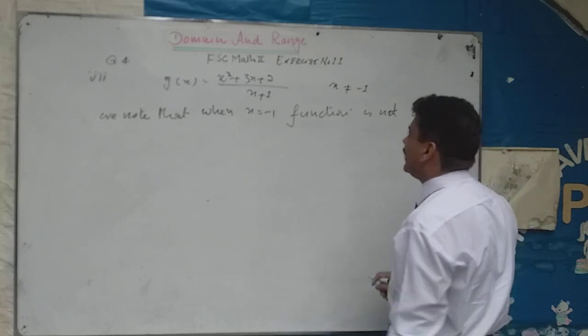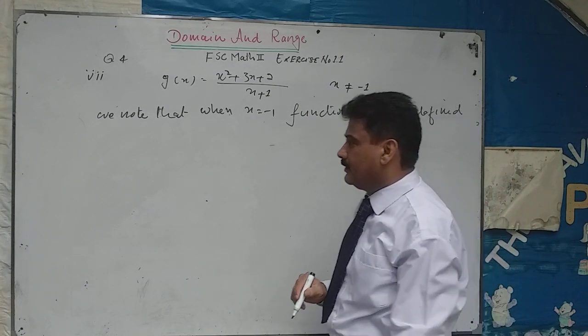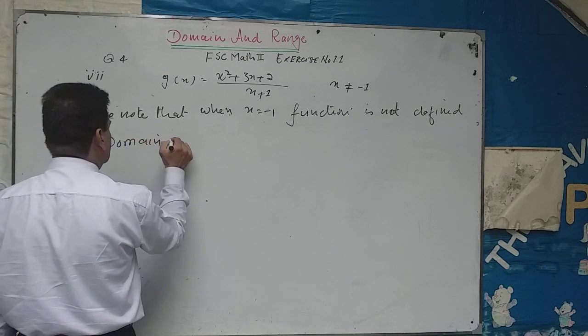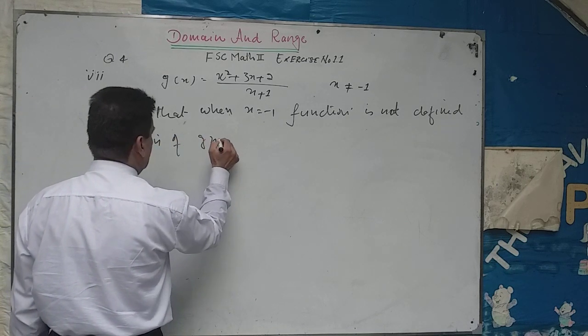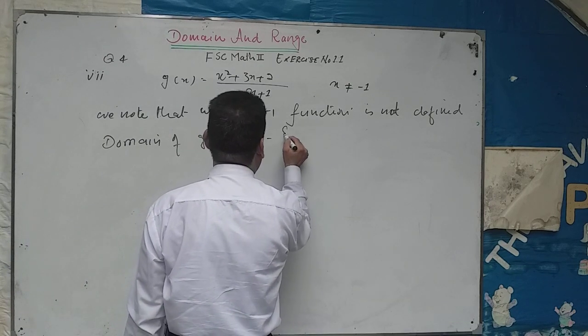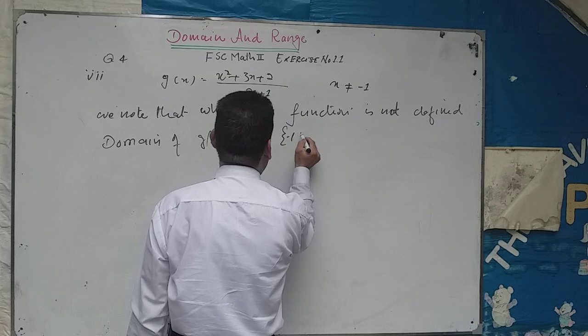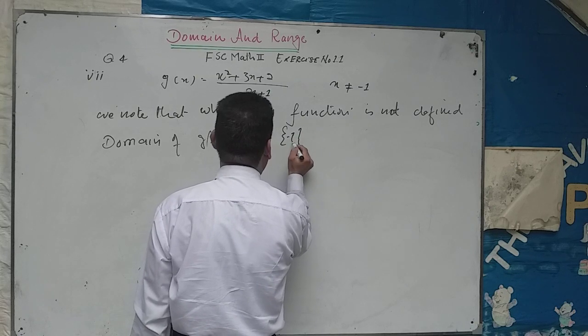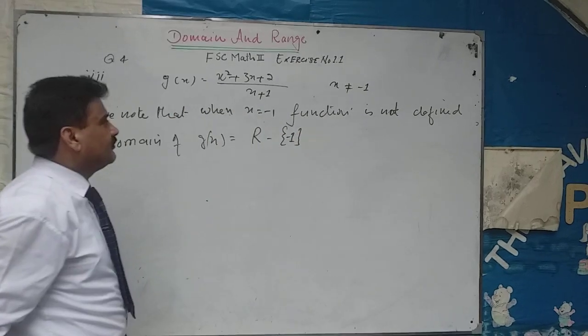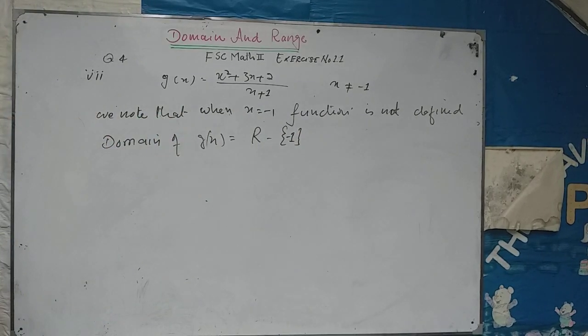So we have to remove minus 1 from the set of real numbers. So the domain of g of x will be the set of all real numbers other than minus 1. This will be the domain of the function.